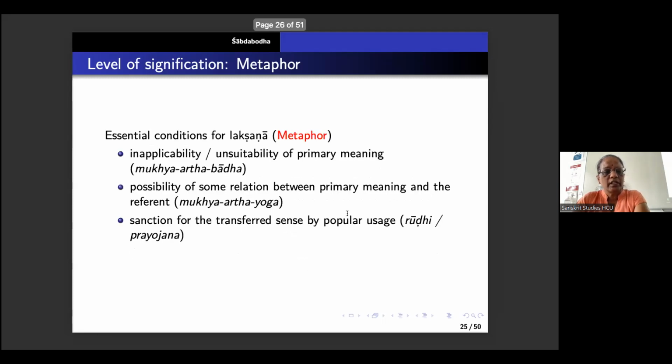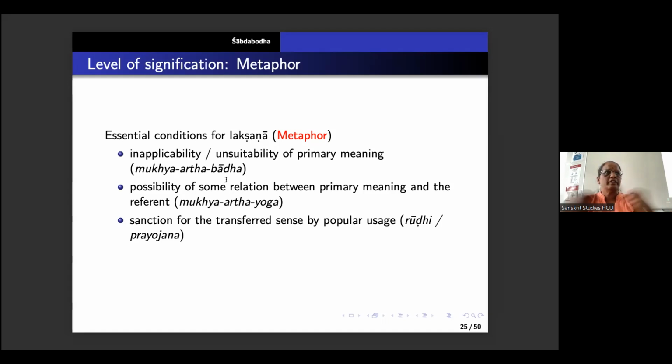So there are actually 3 conditions that are to be satisfied if you want to interpret the given sentence with metaphoric usage. First, the primary meaning should be unsuitable in the given context. Mukhyartha-badha, this is the condition they mention. Then whatever is the primary meaning and whatever meaning you are going to use for understanding the sentence, the secondary meaning and this primary meaning should be related by some means.